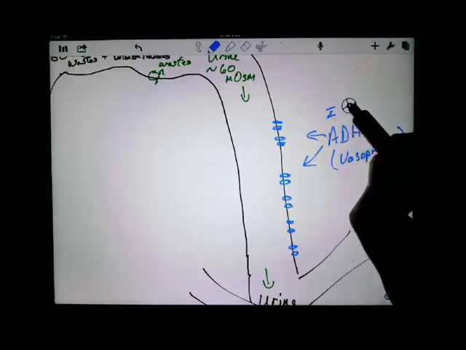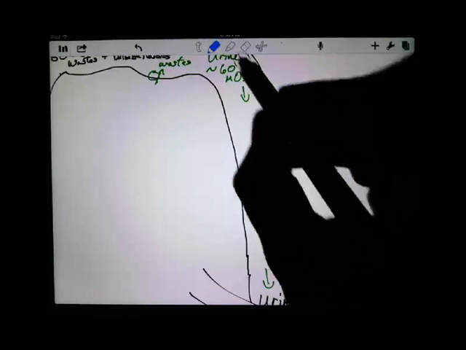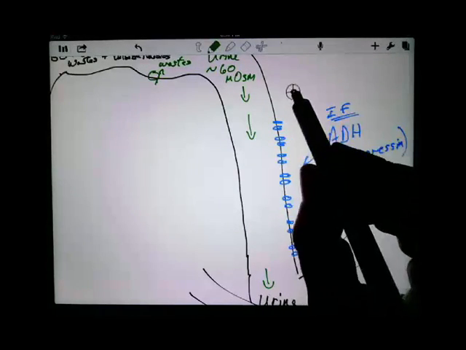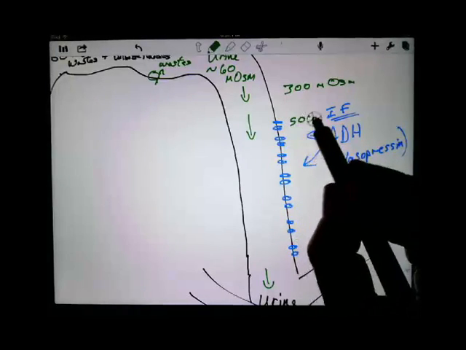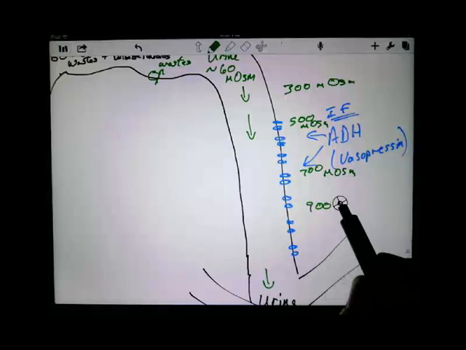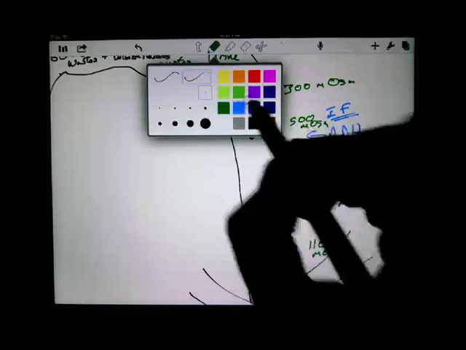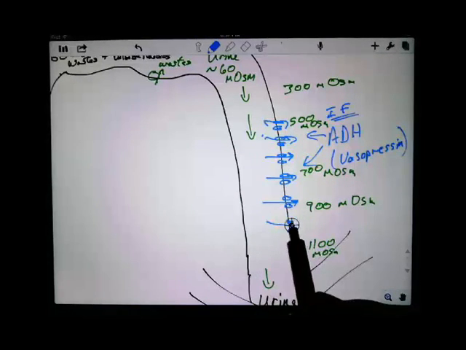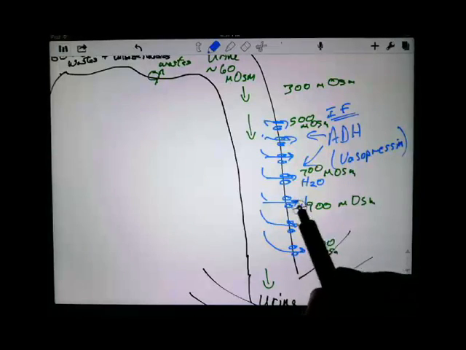So this is happening only if ADH is secreted. In that case, as this urine is moving down, it's going to start encountering extracellular fluid that's at higher and higher concentrations. And the result, of course, is going to be that water moves out.